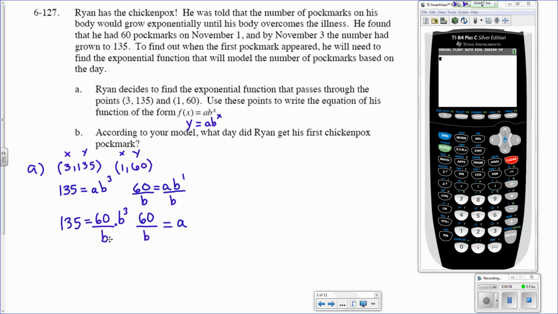Now when we try to simplify this side, we're going to have our 135 still left on the other side, but 60 times b to the 3rd divided by b would be 60b squared. To undo the 60 times b squared, we're going to divide it by 60.